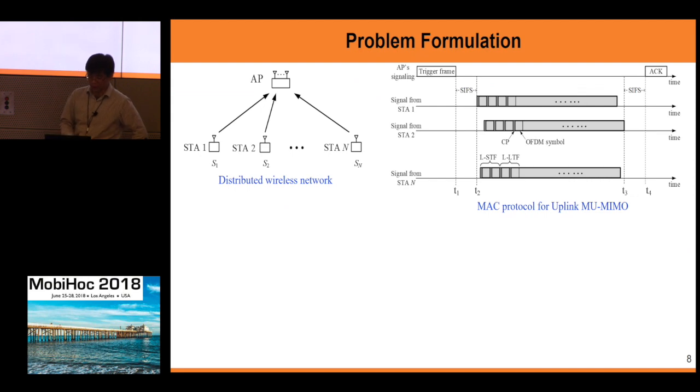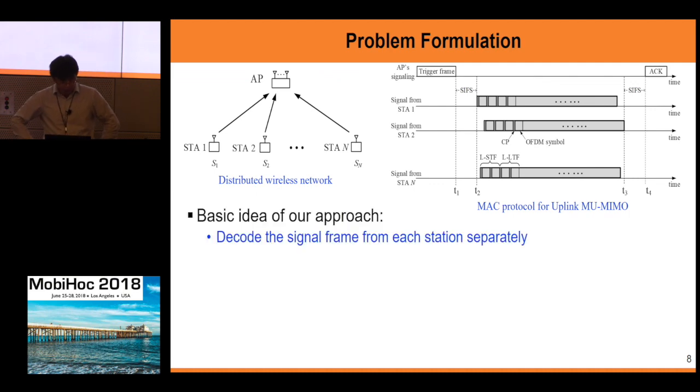Phase 3: the access point broadcasts the ACK frame. The basic idea of our approach is that the AP decodes the signal frame from each station separately. This is a key difference from the MMSE decoder or zero-forcing decoder.